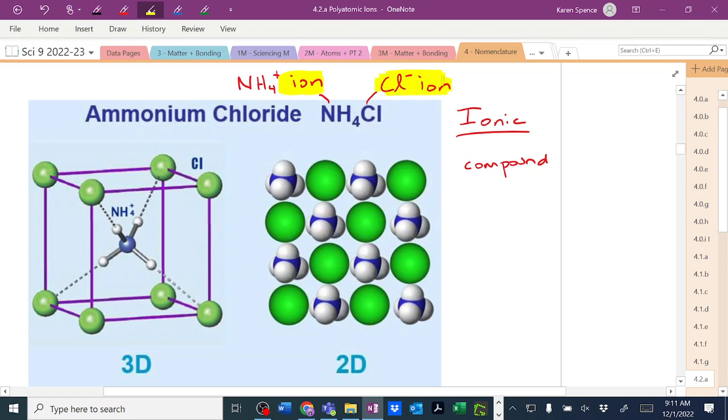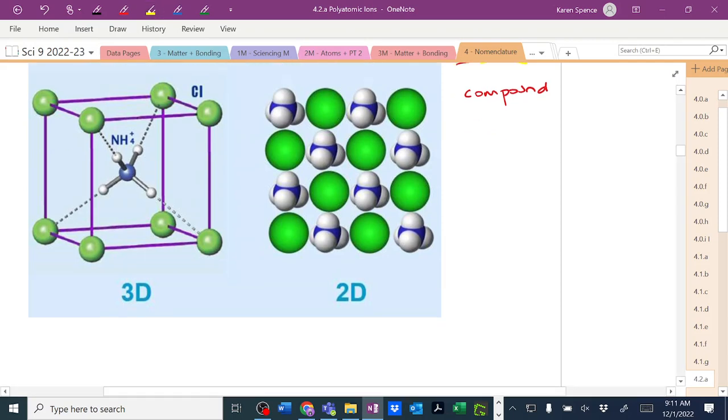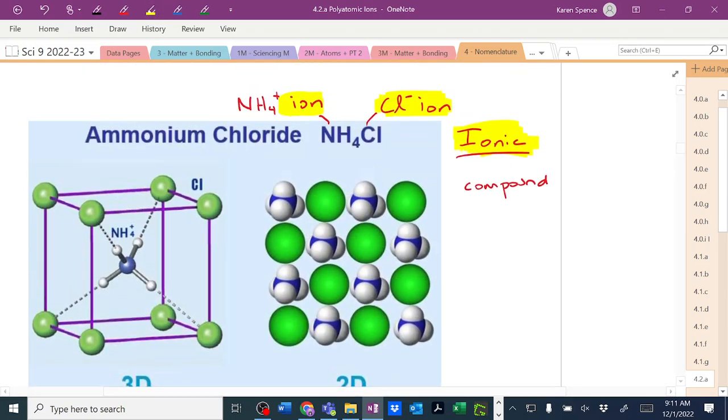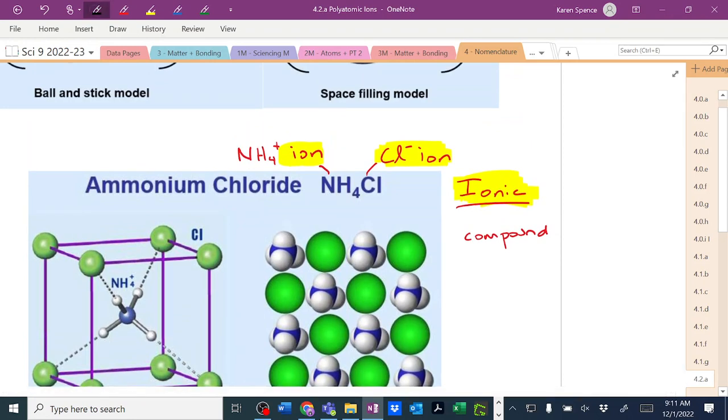So because it is made of ions, therefore it is an ionic compound. Yes? This is on page 36. Sorry about that, I forgot to write that up. Page 36.